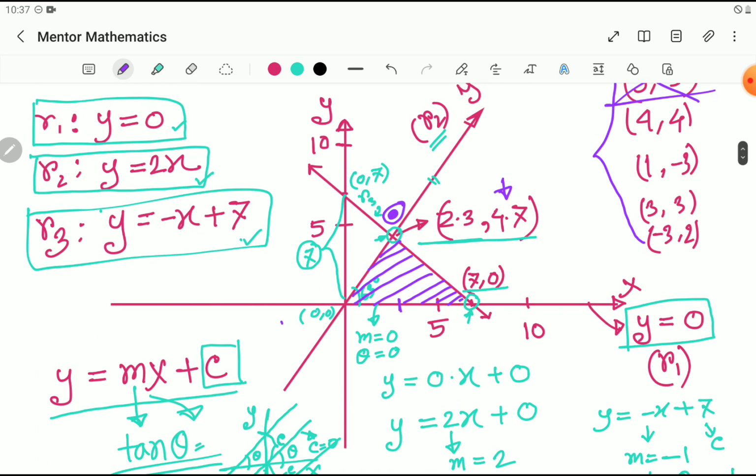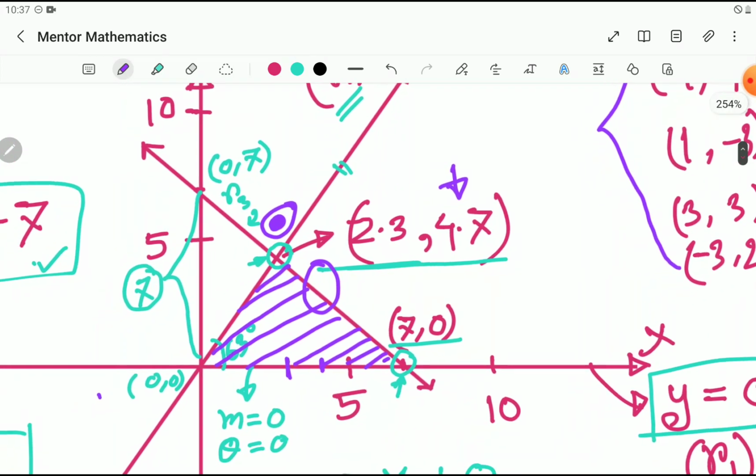So this is a critical point, very close to the triangle, either very close or inside, we don't know. Let's check it. So it's 4, maybe here, and the y value is also 4. So how can we do that? It could be around here, but we don't know whether it's inside or outside.